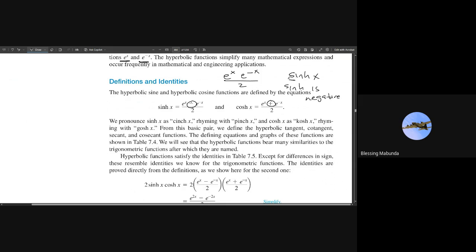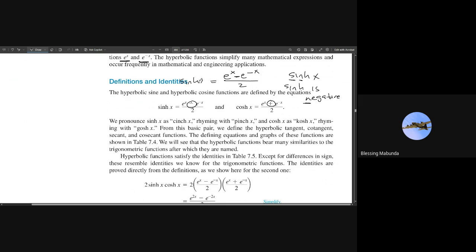So when you look at this one here, you only look at this part, and then for the n here, you're looking at negative. Does that make sense? So sinh is negative, describing the sign that occurs here.